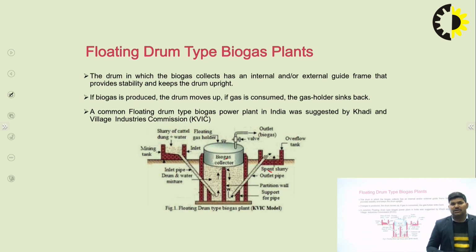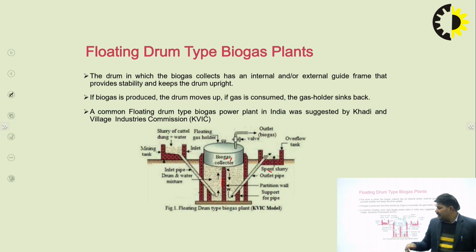If gas is consumed, the gas holder sinks back. The common floating drum type biogas plant in India was researched by the Khadi and Village Industries Commission, KVIC. So you can see here the biogas collectors, which float and move as per the availability of the gas.